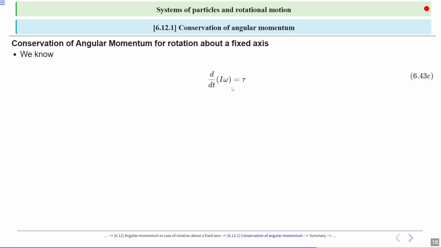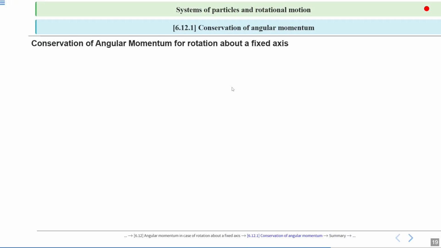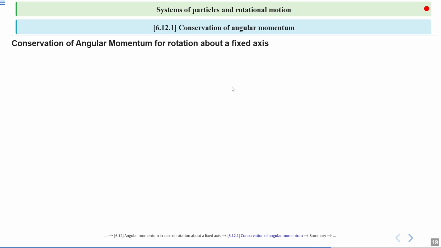Now, we know d I omega upon dt is equal to tau. So if the net external torque on the body is 0, in that case d I omega dt is equal to 0. So Lz is equal to I omega, which is constant. So we can say Lz equal to constant. All right.